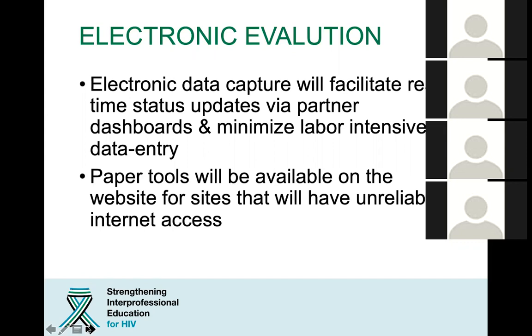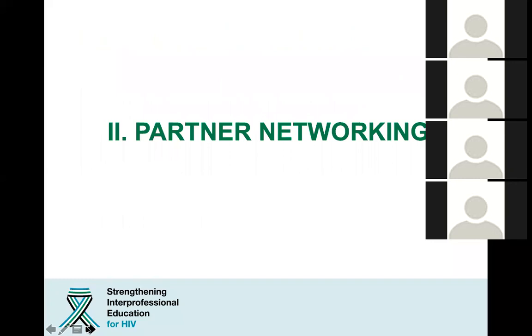We're very much interested in working with each of the sites to ensure that whichever route you take, electronic data capture or paper-based data capture, it's done with our support and seamlessly, since this is very important information for us all to have at the end of our implementation period. So you can go to the next slide, Mike.